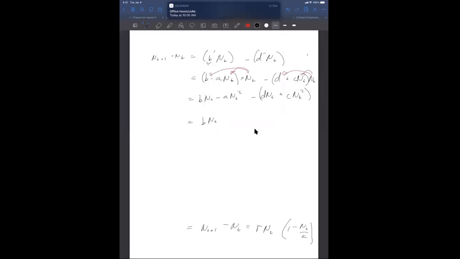b times N of t minus d times N of t minus a times N of t squared minus c times N of t squared. I'm going to factor out N of t here. Then we have b minus d. And I'm going to factor out N of t here.